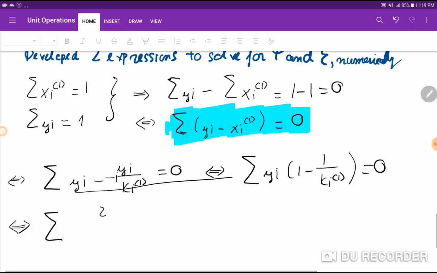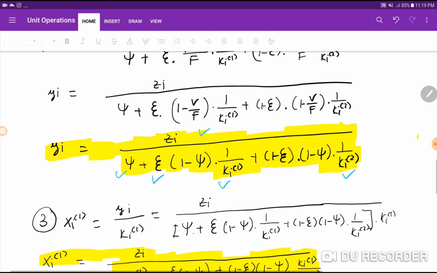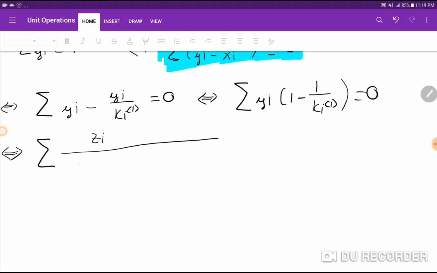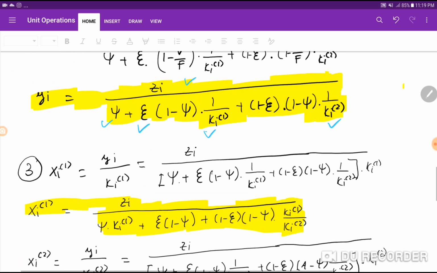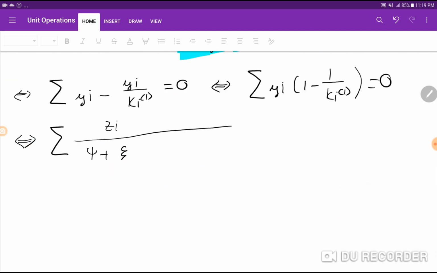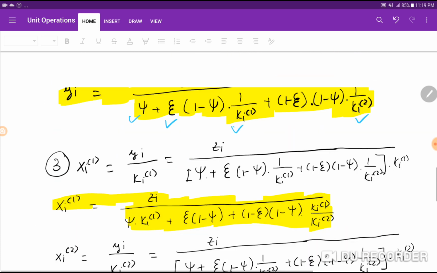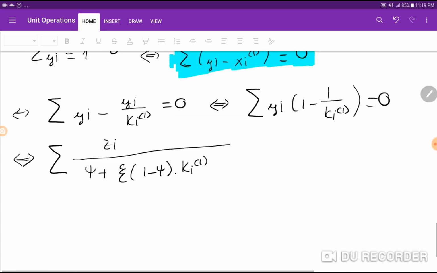Kind of long, but that's what you do when you cannot copy paste. Okay, so we have psi plus, I cannot remember. That's the thing, when you do derivation, just do it. Okay, epsilon 1 minus psi times ki1, right? It can be ki2. Oh, 1 over ki1. Okay, I see the pattern.